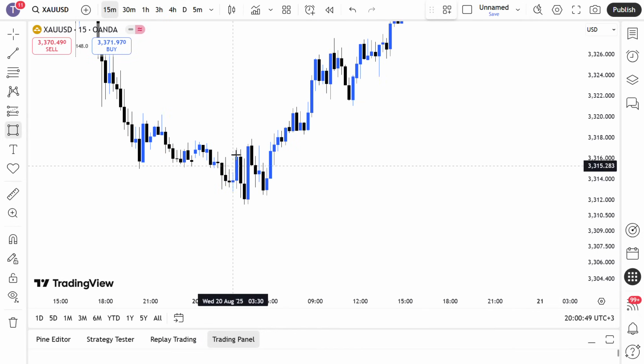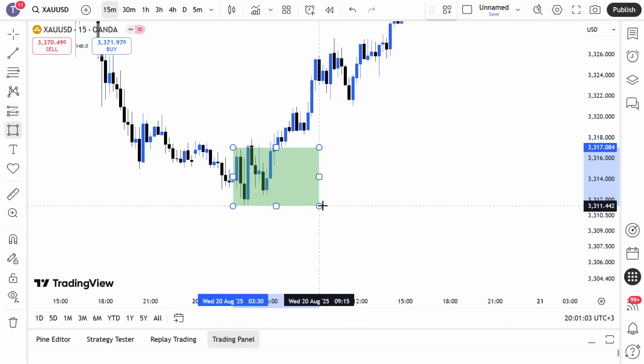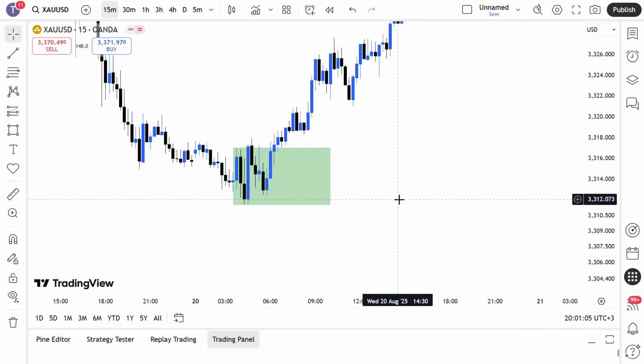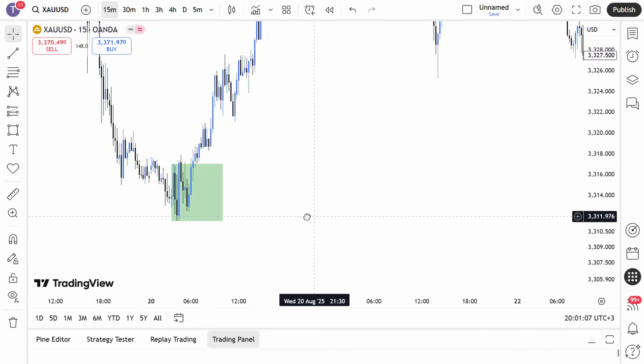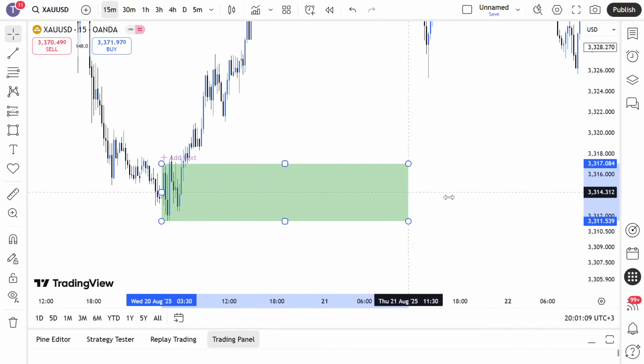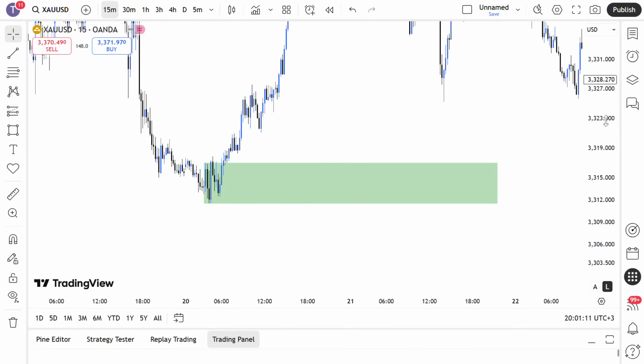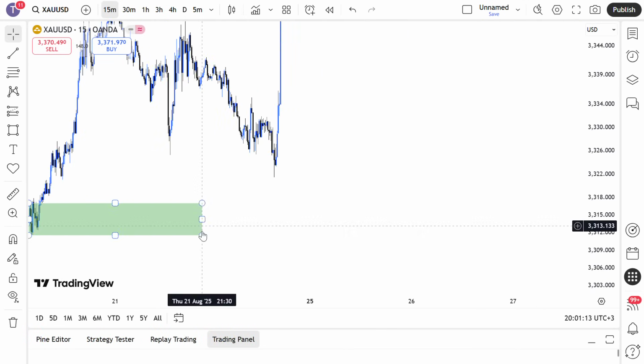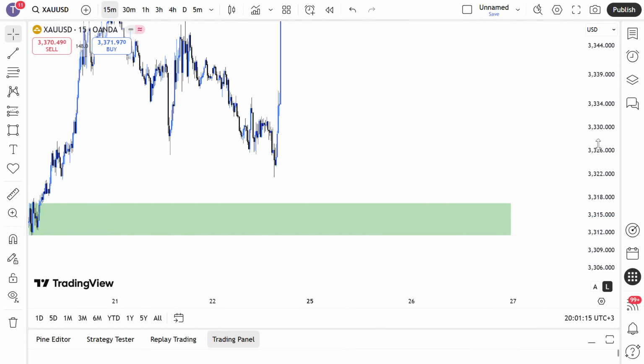So this is the last break of structure to the downside, and that means this is the last order flow, from the last strong high to the low. So that will be my order flow, and I'll mark it like that, and I will extend that order block. So this is where I'm going to look for buying opportunities on gold.